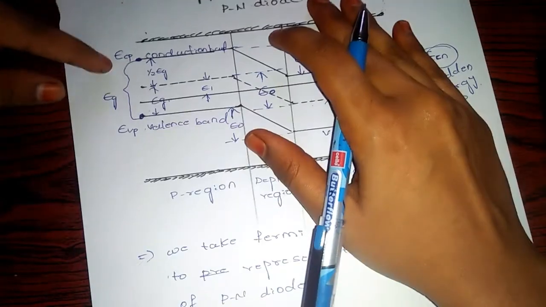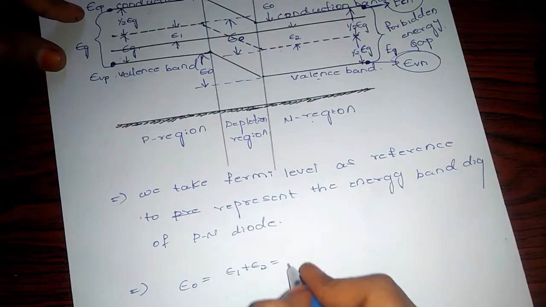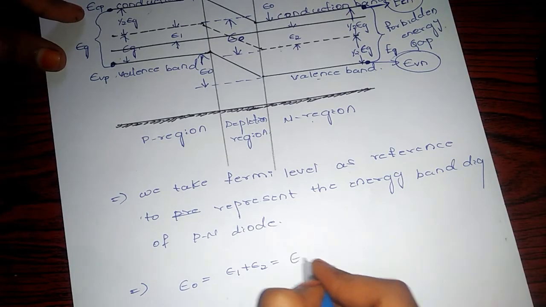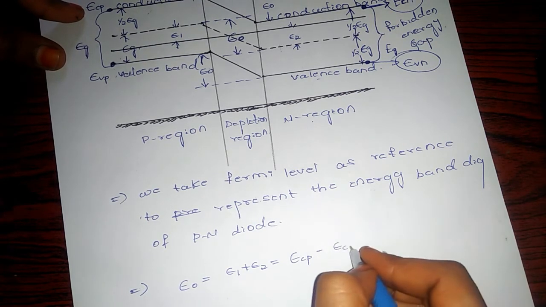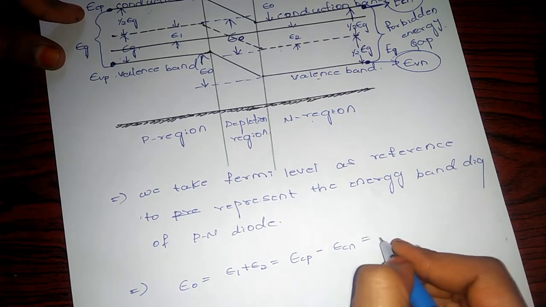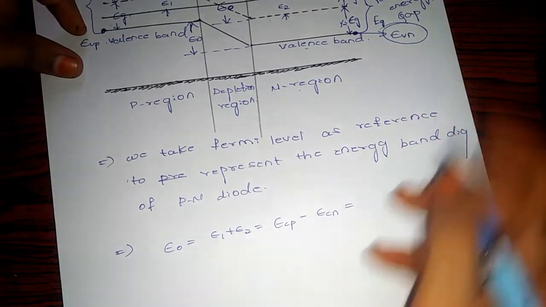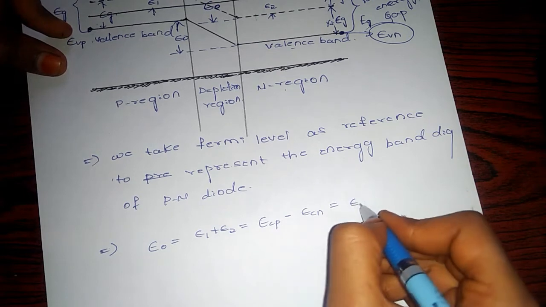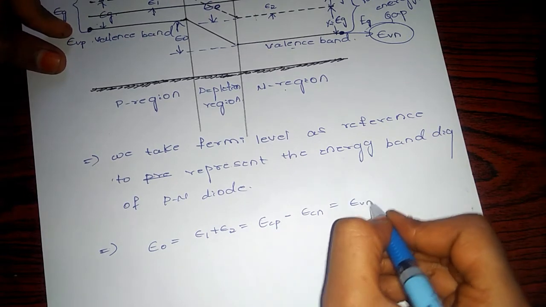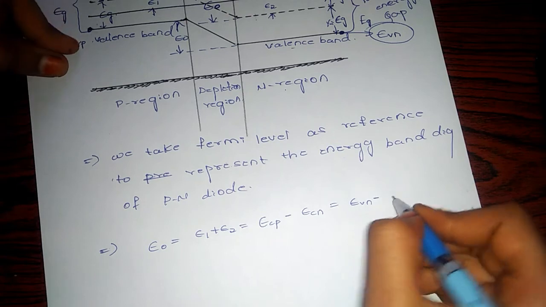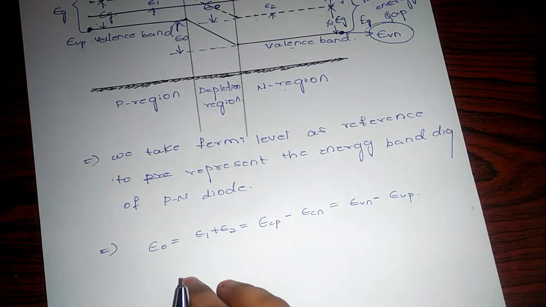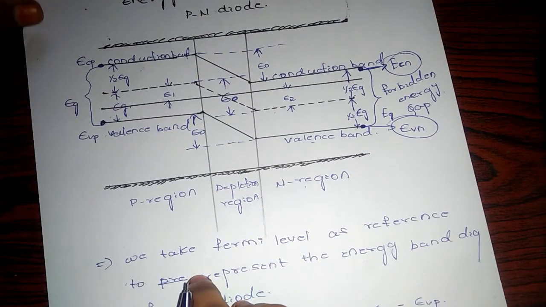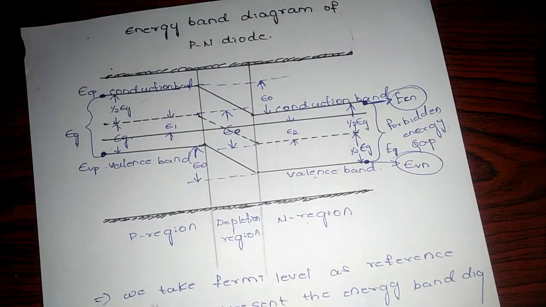So just subtract the edge of the conduction band in the P region from the edge of the conduction band in the N region, which is the same as the edge of the valence band in the N region minus the edge of the valence band in the P region. This is the equation of E naught in representing the energy band diagram of a PN diode.